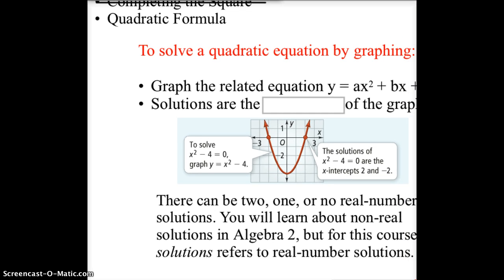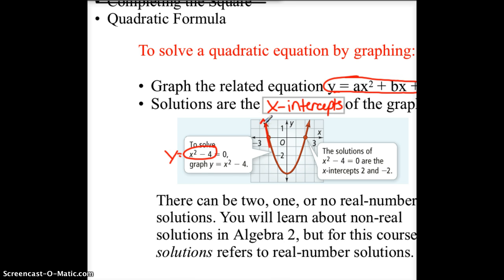To solve by graphing, we graph what we call the related function. The solutions are, just as I showed you, the x-intercepts, and I just went and graphed one for you. I showed you where it hit the x-axis. So on this one, this is the graph of y equals x squared minus 4.